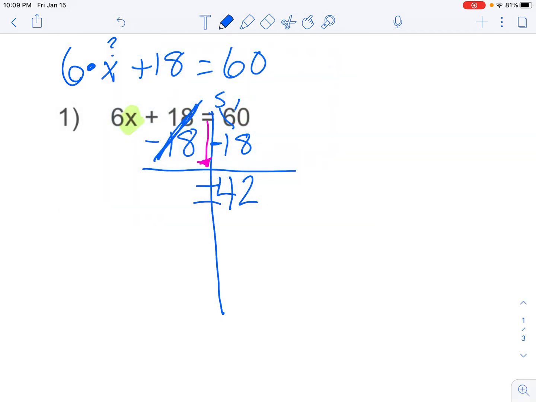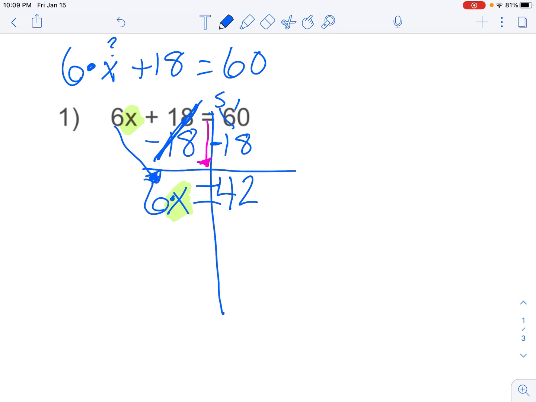And now I have left my coefficient, my 6x, my variable. Again, I still need to find out what is x, what number does it represent? So again, 6 times a number equals 42. Well, 6 times a number, I need to do the opposite of multiply, which is divide.